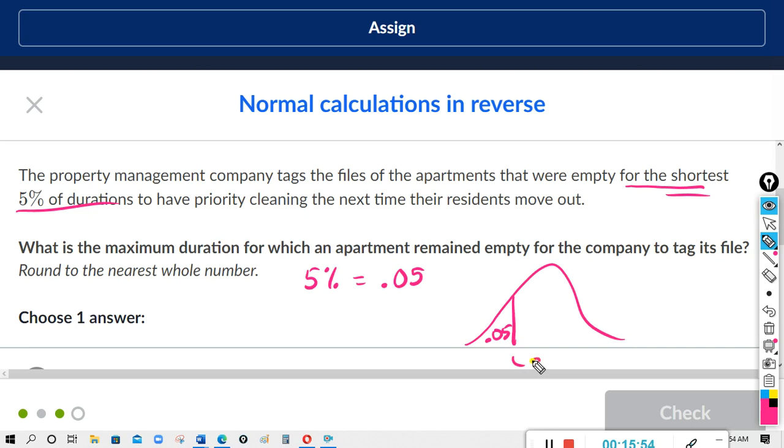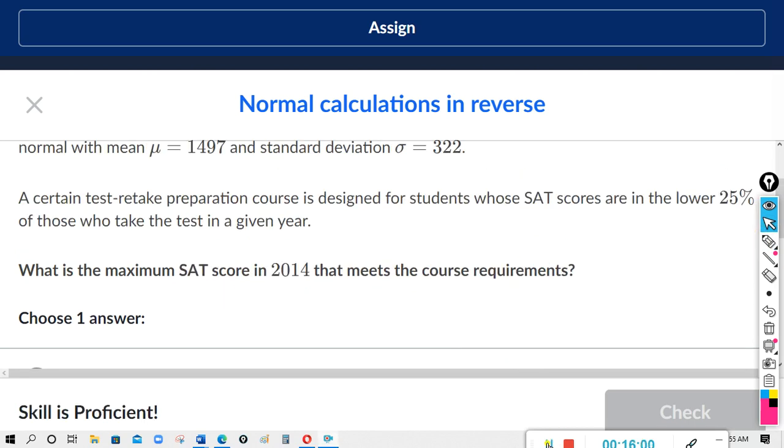And you just look up the z-score for that value. On this one here, it says the lower 25%. So you're just going to look up 0.2500 on the table and find the z-score for that value.